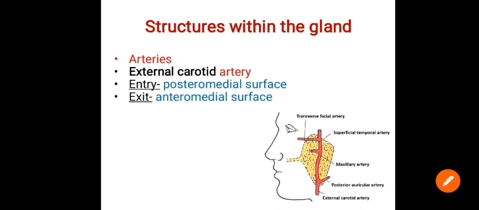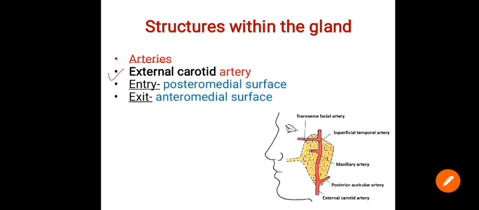Now we'll see what the structures within the gland are. Okay, so within the gland, we have an artery, a vein, and a nerve. So let's see which is the artery. The artery is the external carotid artery. We just learned that the external carotid artery is a relation of the posteromedial surface, right? It is the same artery that is entering the gland.